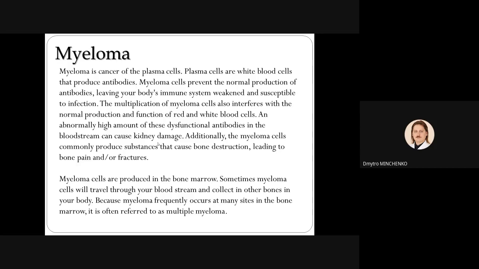Additionally, the myeloma cells commonly produce substances that cause bone destruction, leading to bone pain and spontaneous fractures. Myeloma cells are produced in the bone marrow. Sometimes myeloma cells will travel through the bloodstream and collect in other bones in your body. Because myeloma frequently occurs at many sites in the bone marrow, it is often referred to as multiple myeloma.